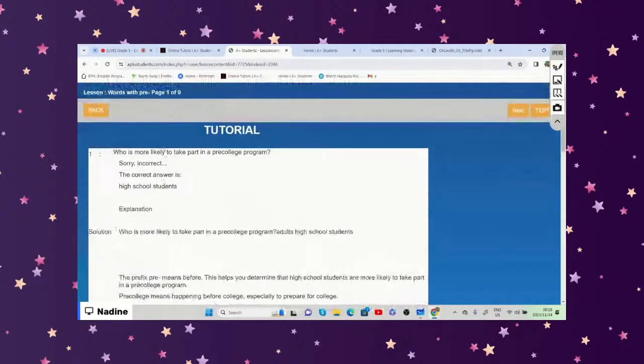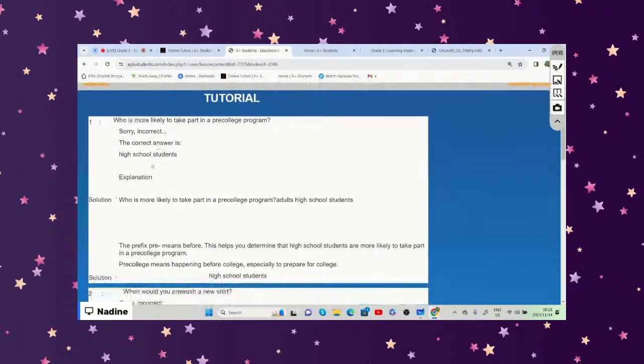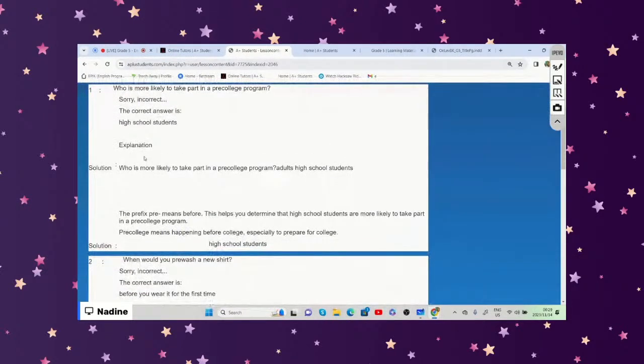So we are now starting with words with pre, right? So who is more likely to take part in a pre-college program? So pre means before.